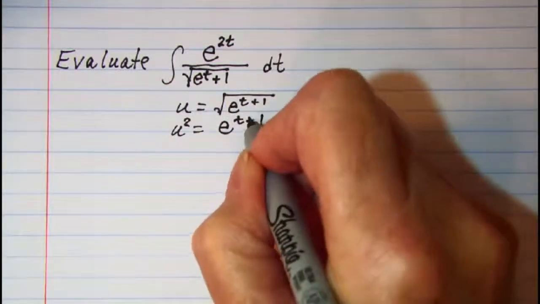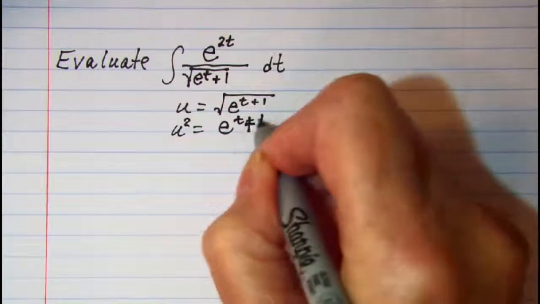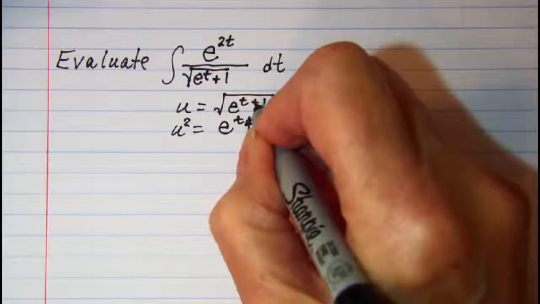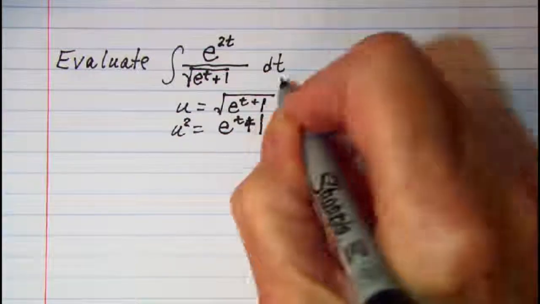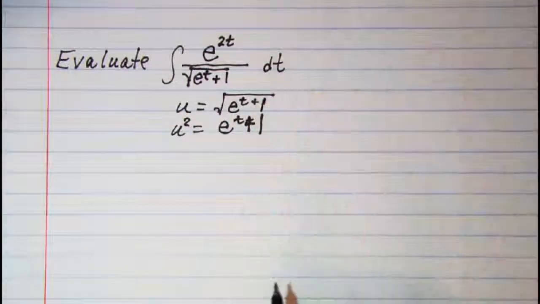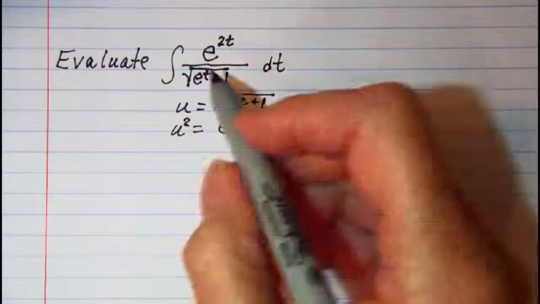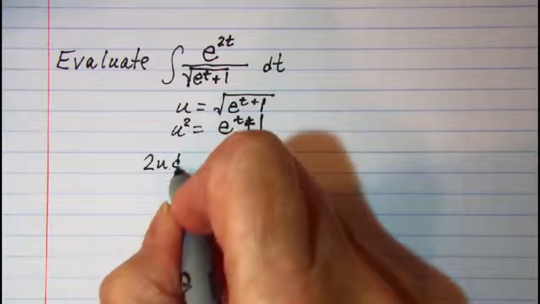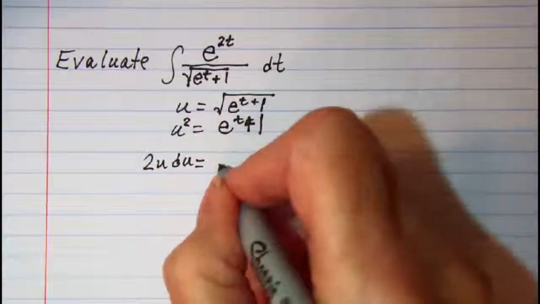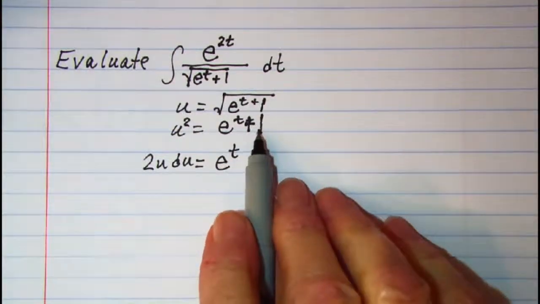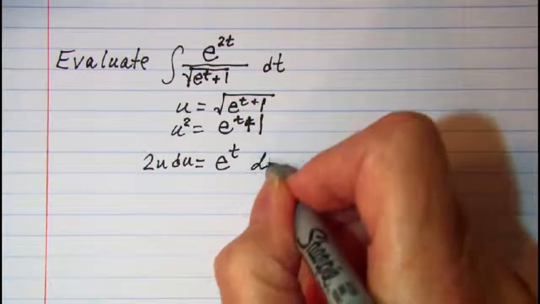And this is actually not in the exponent, so let me write that a little bit bigger. This is not in the exponent either. It's just e to the t plus 1. Okay. Now when I do a derivative on this, I have 2u du is equal to the derivative of e to the t, which is e to the t, the derivative of 1 is 0, and then dt.